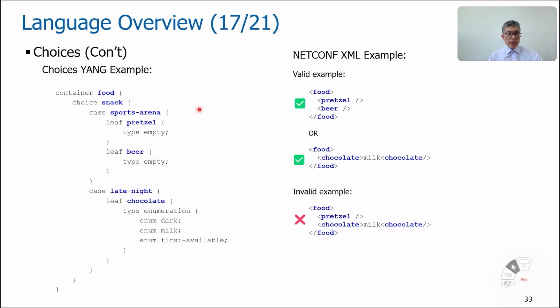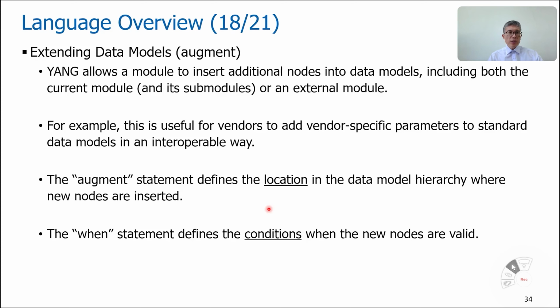Depending on that, we can select the case, in the XML case just the pretzel and beer, or just the chocolate, but not both. Because the choice statement, from a schema point of view, is just structure. In instantiation, just one of them, one case, should be selected.